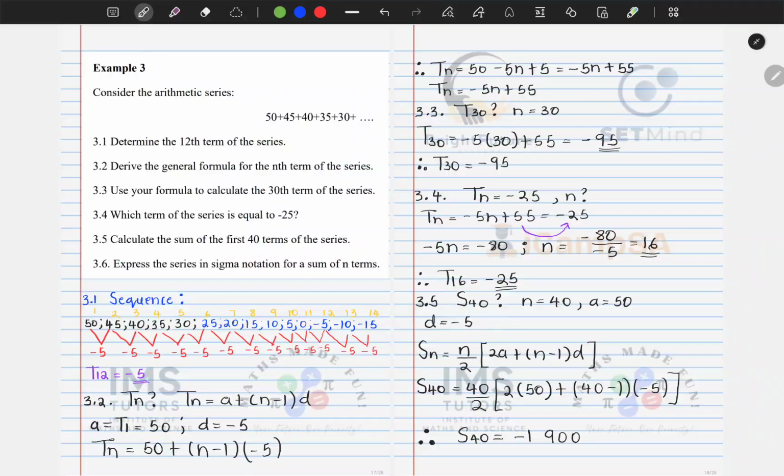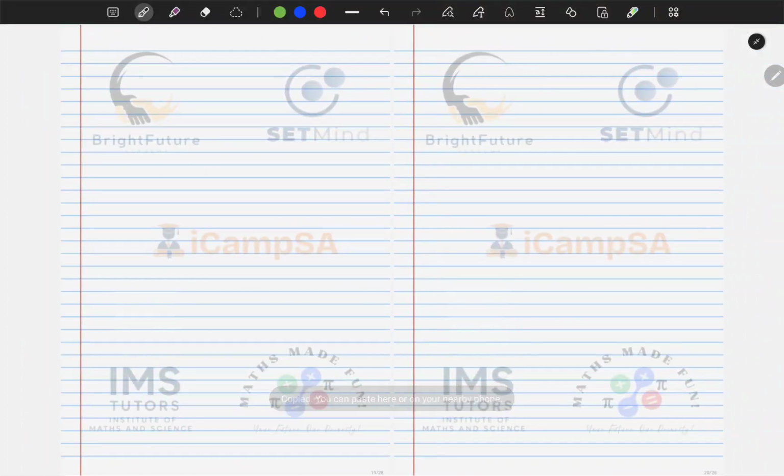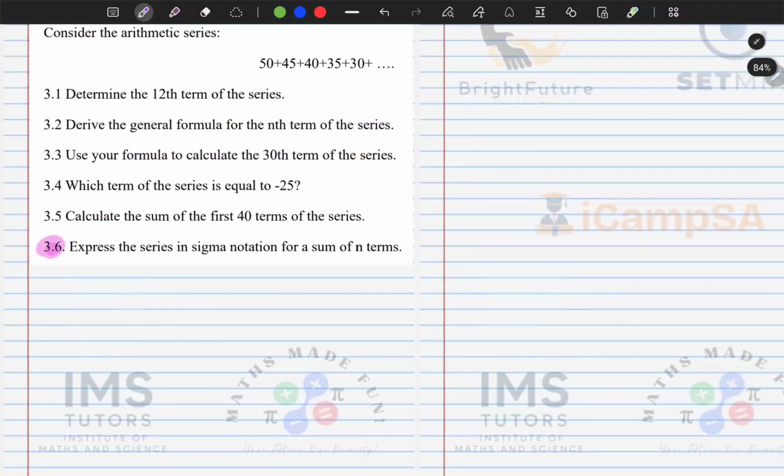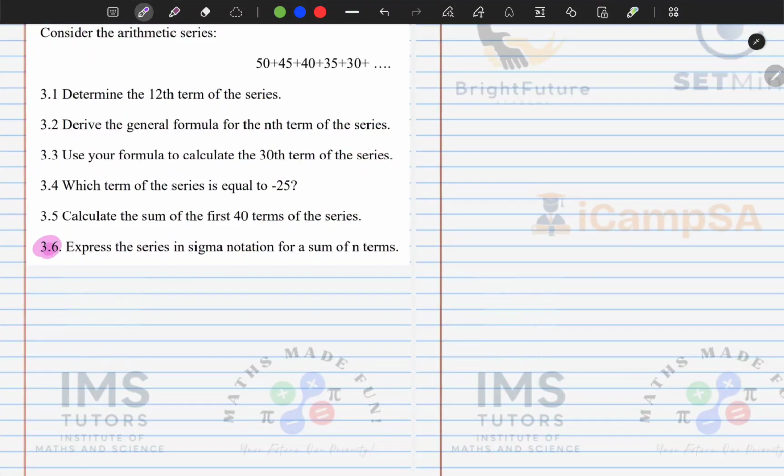And then next, we are required to express this in sigma notation, which should be very easy because we already have our general term, which is Tn. So all we need to do is note it down in sigma notation. We'll put in our sigma sign, and we'll start from k is 1. Please note, they said we should do the sum of n terms, which means at the top here I'm just going to have n.